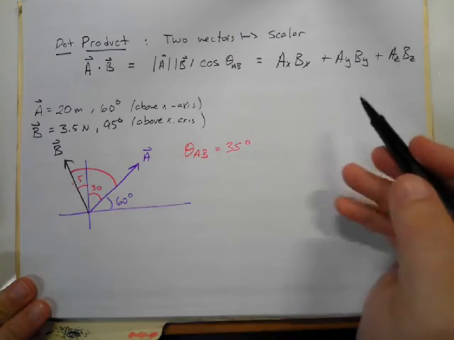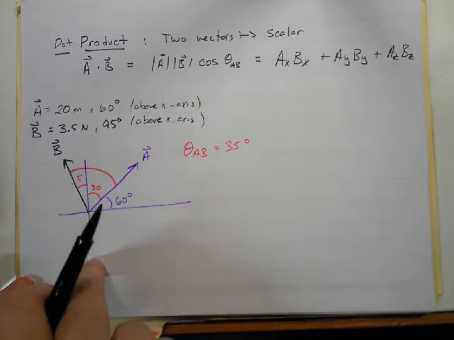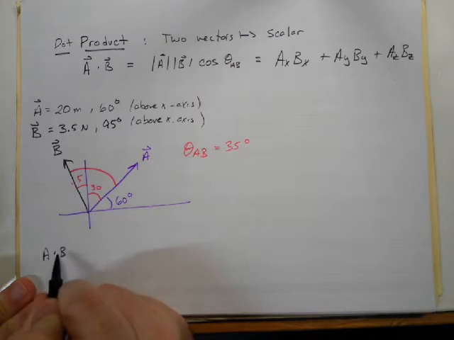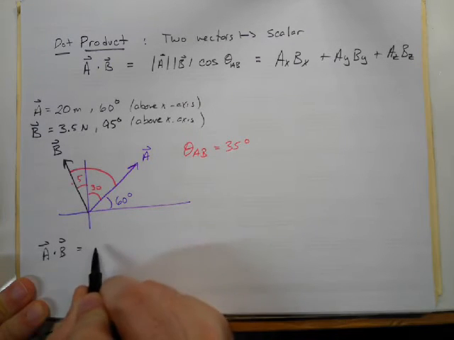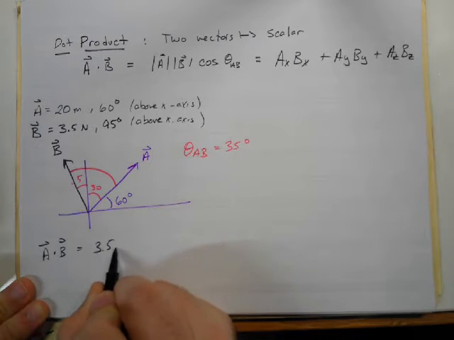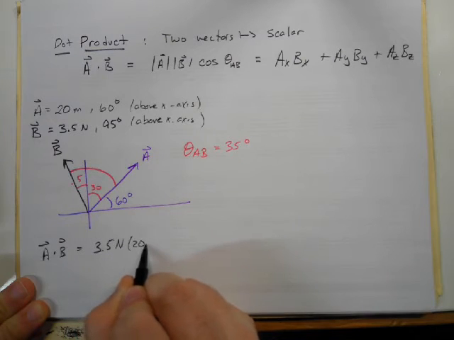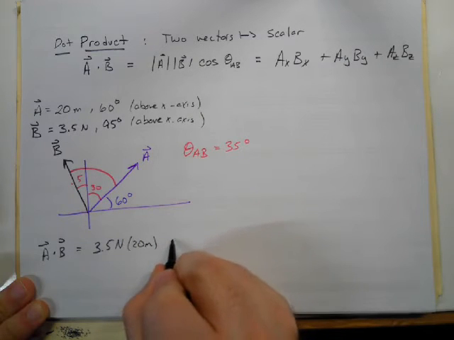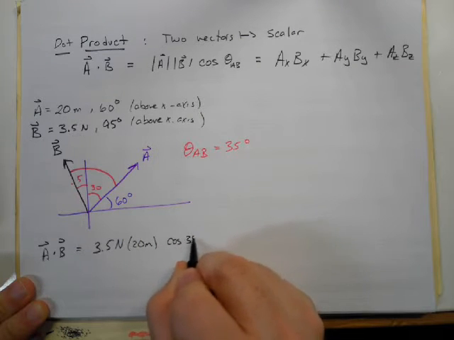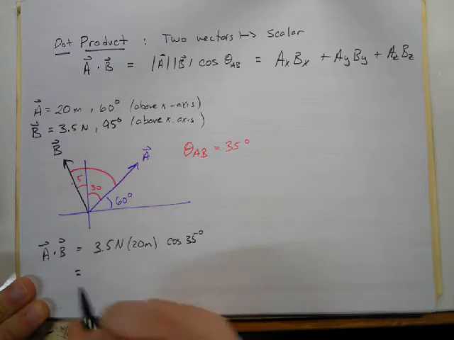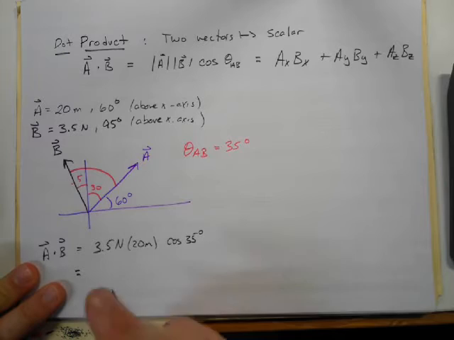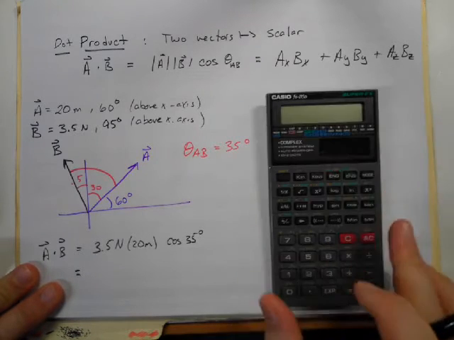They should be equal. Here, what we have is A dot B is going to be 3.5 newtons times 20 meters. That is this bit. And then we're going to have cosine of 35 degrees. And now, this will have some units. We'll leave it as Newton meters for now.